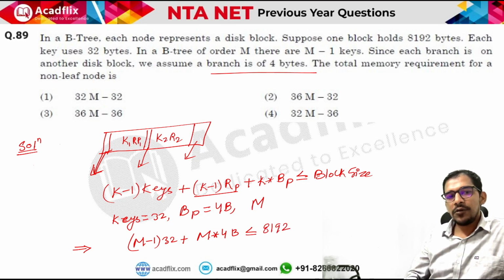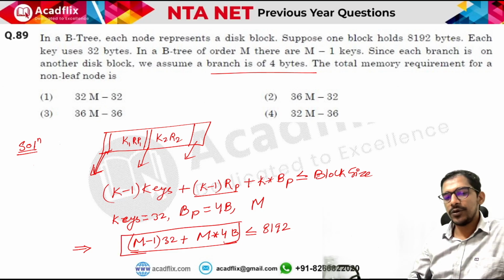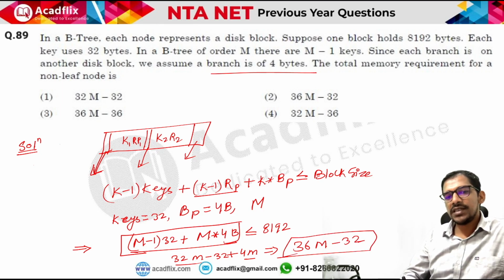We need to find out how much memory is required to store one node. So this will be 32m minus 32 plus 4m, which becomes 36m minus 32. So 36m minus 32 will be the right answer.